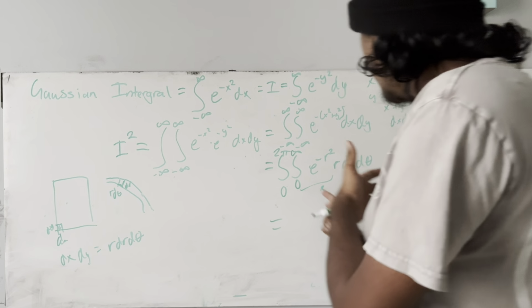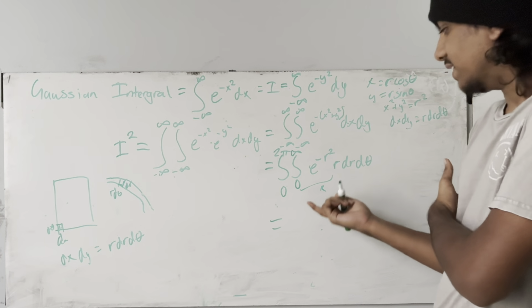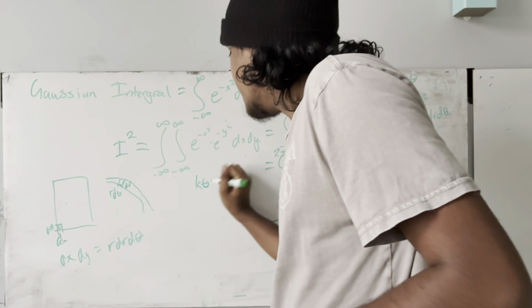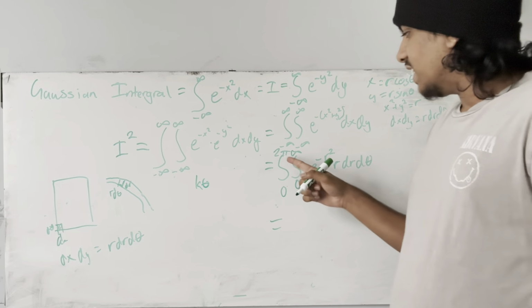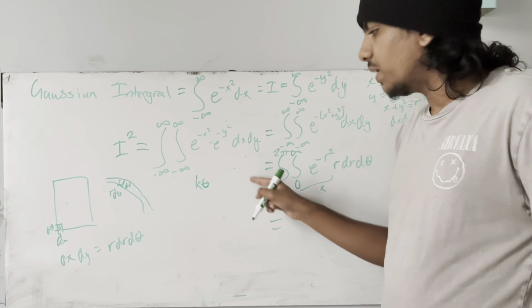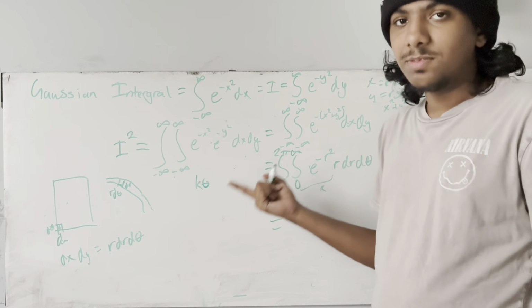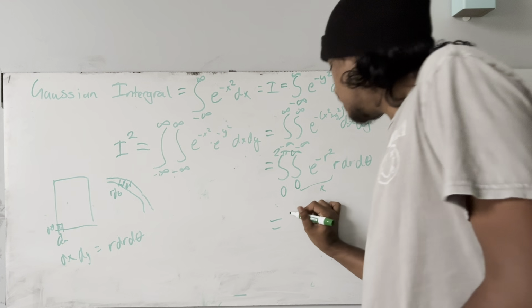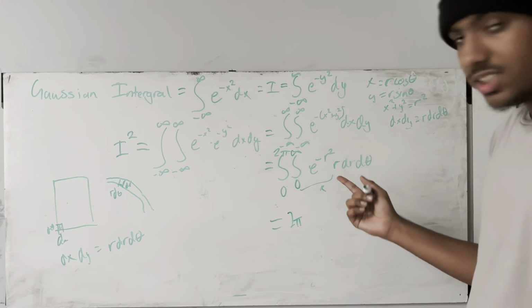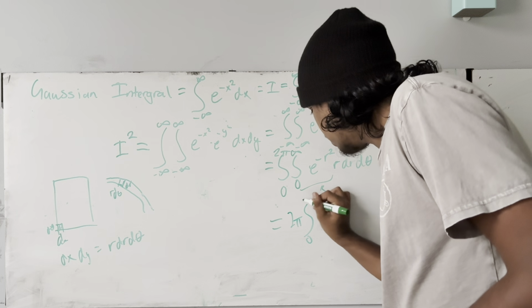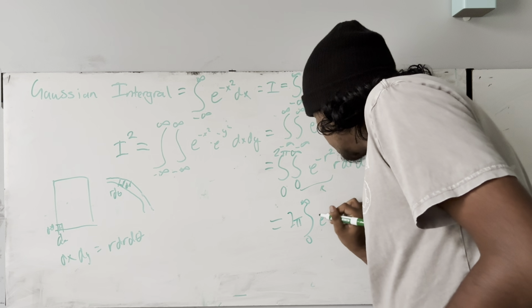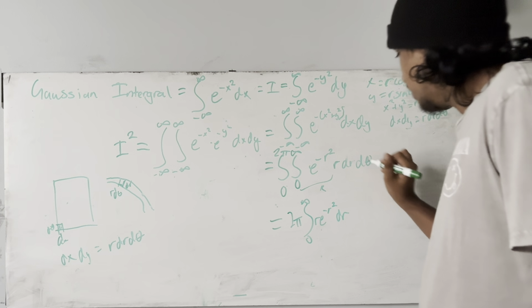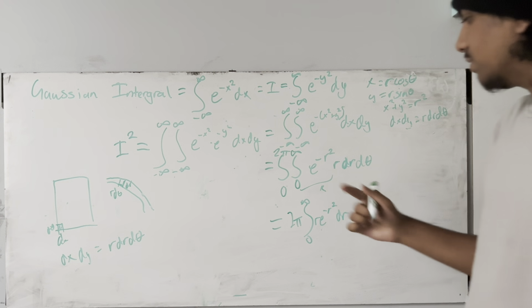So if you integrate k with respect to theta, and theta doesn't exist, it's just a constant k, you're going to get k theta. Integrate from 0 to 2 pi, you plug in 2 pi, you subtract the value when you plug in 0, you just get 2 pi. So let's bring a 2 pi to the outside, times the constant, which is really just the integral from 0 to infinity of r times e to the negative r squared dr. That's where we get the 2 pi from.